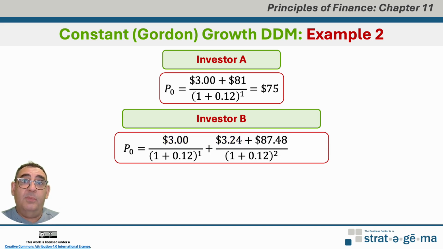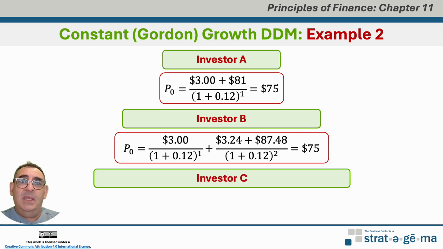And we know what the stock price, P1, is going to be at the end of next year, $87.48. So we take $3 divided by 1.12 to the exponent 1 plus $3.24 plus $87.48 divided by 1.12 to the exponent of 2, we end up with $75.